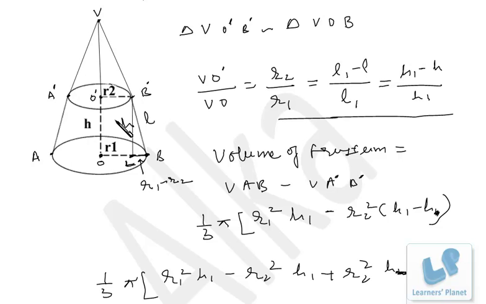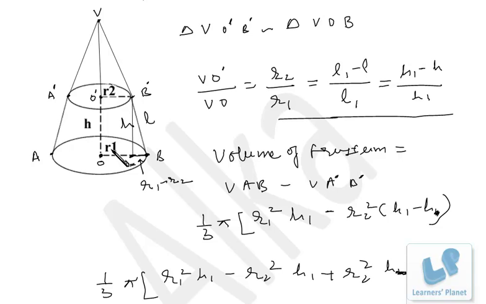That's it. The volume of a cone is very simple, 1 upon 3 pi r square h, and for the smaller cone, whatever quantities are given, again 1 upon 3 pi r square h. Right? So r and h are unknown for both the smaller cone and the bigger cone. If you have that, you can find out the volume of this frustum. So that's pretty simple, no need to mug up any formula.